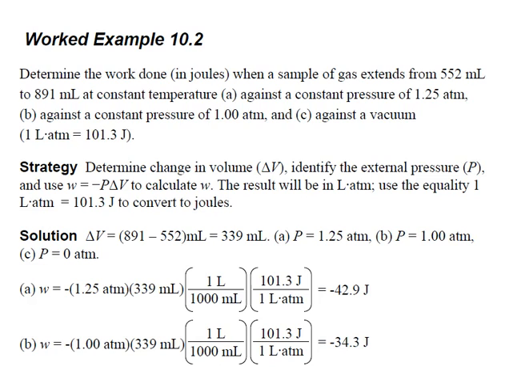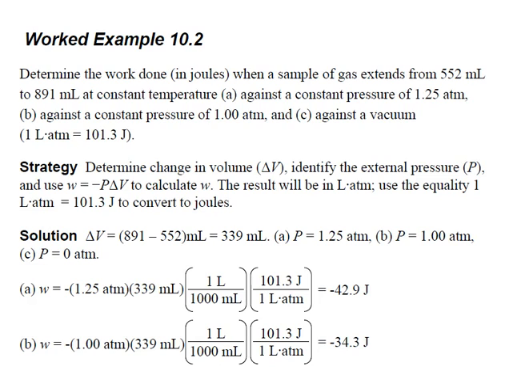If you're still following along here and haven't paused it yet, our strategy is to first determine the change in volume. Change in anything is represented in multiple classes, for example chemistry and physics, using this uppercase delta, which just looks like a triangle, which represents change in. So determine the change in volume. We need to identify the external pressure, which is given the variable capital P, and we're going to use our formula for work.